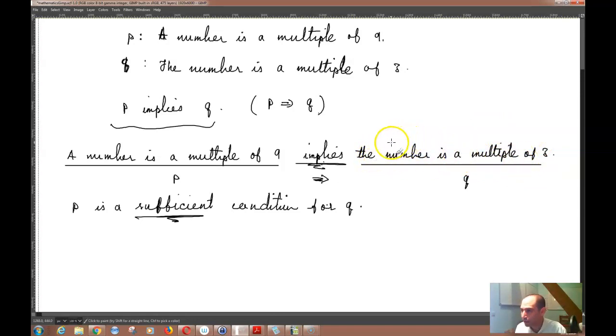This says that knowing that a number is a multiple of 9 is sufficient to conclude that it is a multiple of 3.